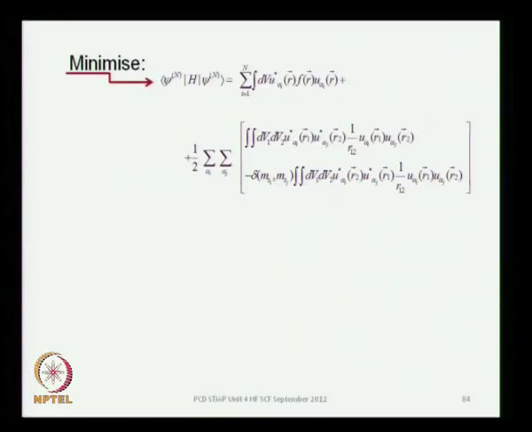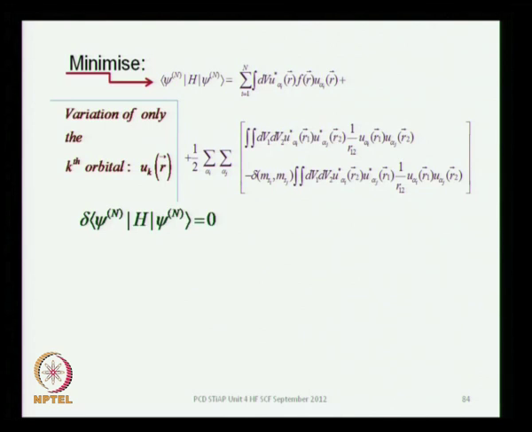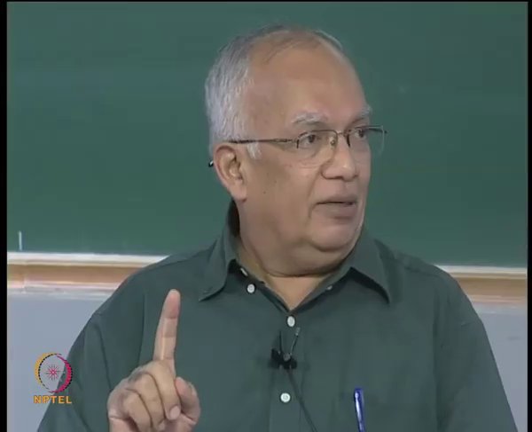Our strategy is to minimize the expectation value of the Hamiltonian, which we wrote in terms of the 1 electron and the 2 electron integrals, the 2 electron integrals being the Coulomb and the exchange, subject to the variations in one orbital at a time, which is the frozen orbital approximation that we are referring to. All the other orbitals would not be varied, only one orbital at a time.